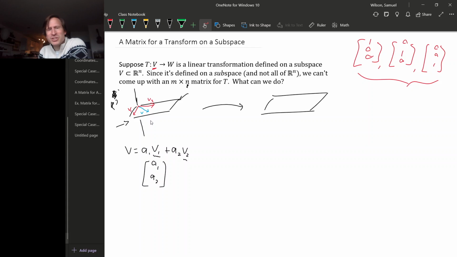So maybe what we should do is make this precise, and come up with a linear transformation that takes this vector space and sends it to these coordinates.